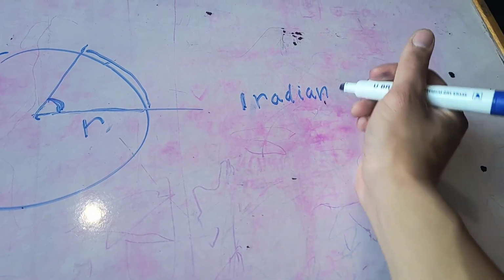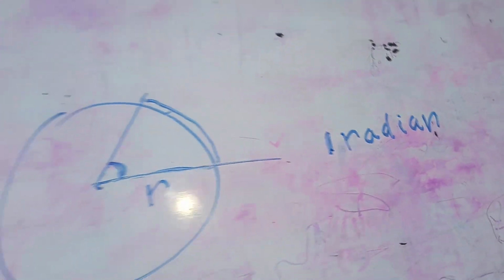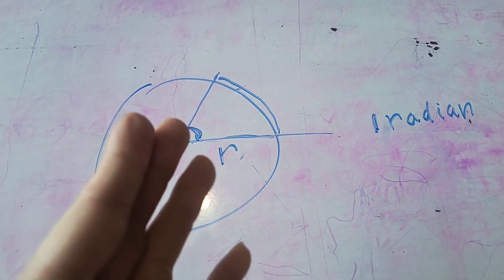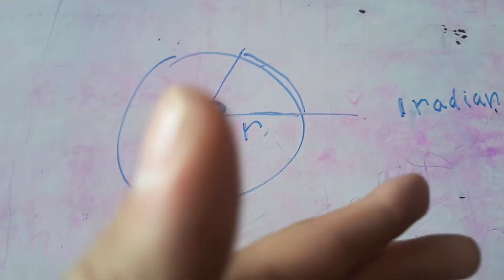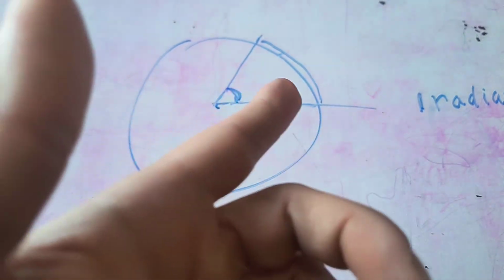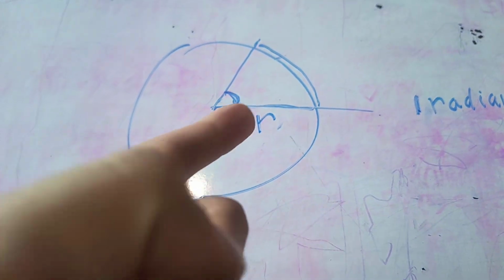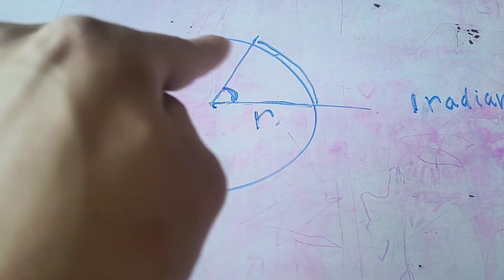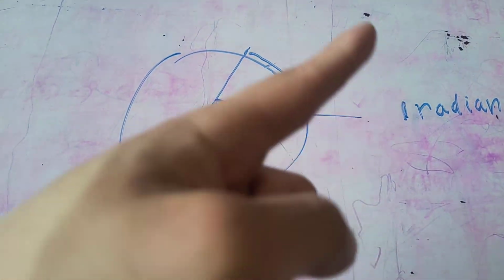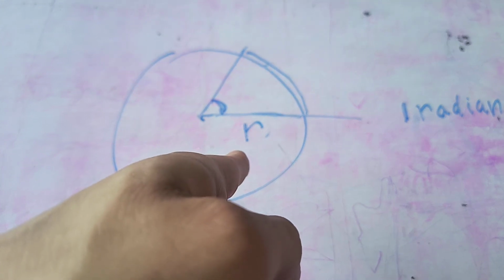So there's another way of measuring this, and it's called radians. The way it works is that you take the arc length of whatever you're measuring, and that angle will be equal to the length of that divided by the radius.